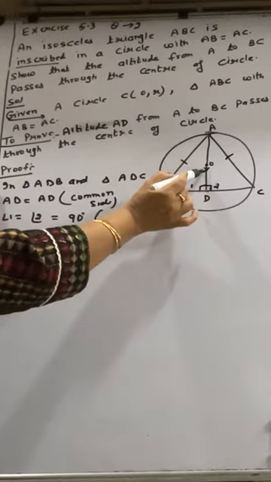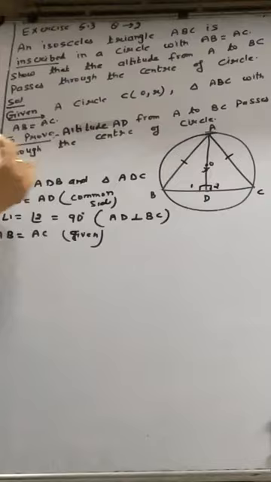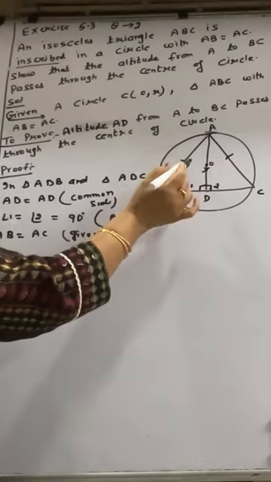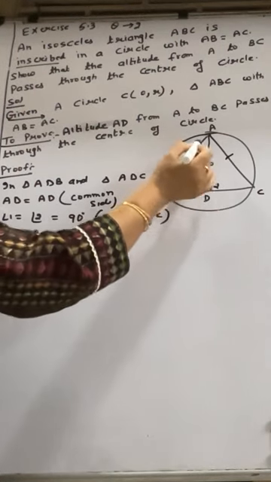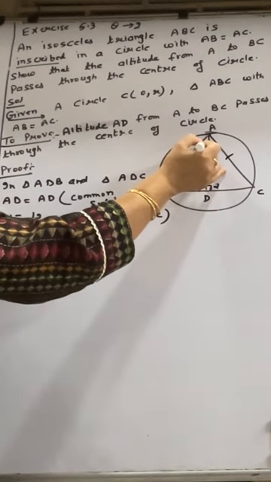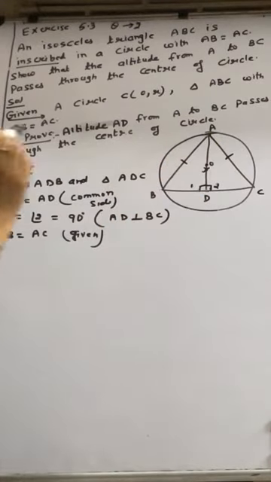We are using this side, this 90 degree angle and this side AB. These three things we have, right? So these are the two sides, but this angle is not included. Included means it should be here. Then it would be SAS. But the angle is outside.